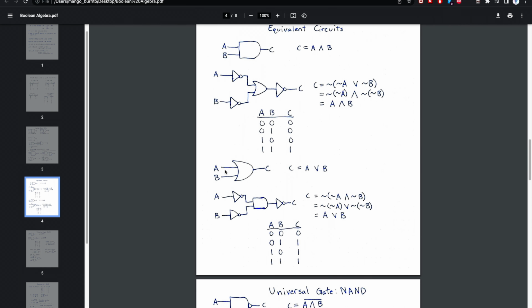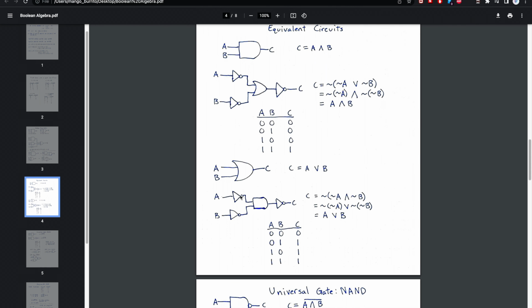All right, here's another one. A or B equals C. You can see right here, and this can be expressed using not operators. Looking at the written expression, not A and not B. You can see that in the gates using the operators.